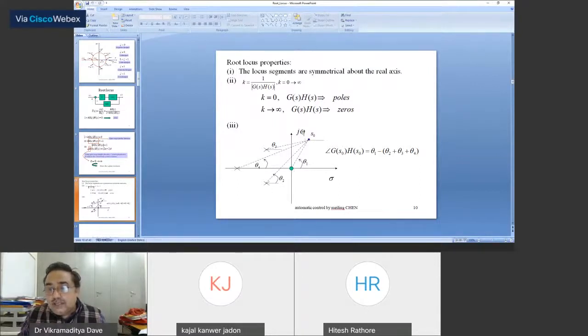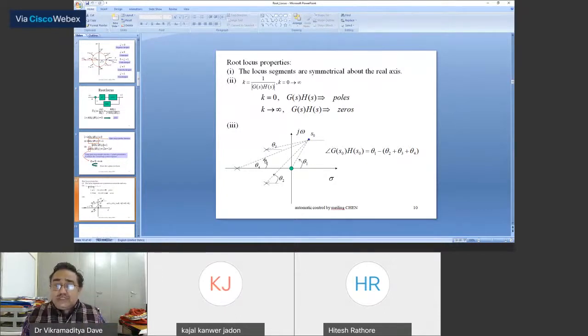Now I want to know how much angle there is at this point S naught. So I will draw lines joining this point to the poles and the zero, and now this is making theta 1, this pole is making theta 2, this is making theta 3, and this is making theta 4.